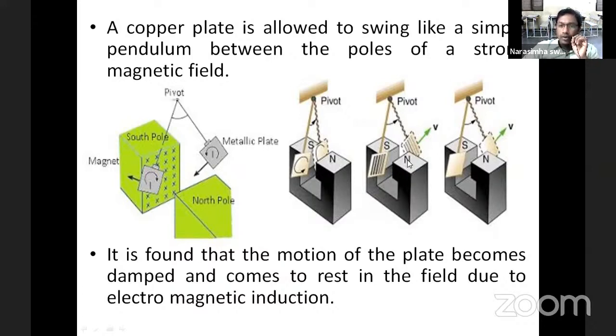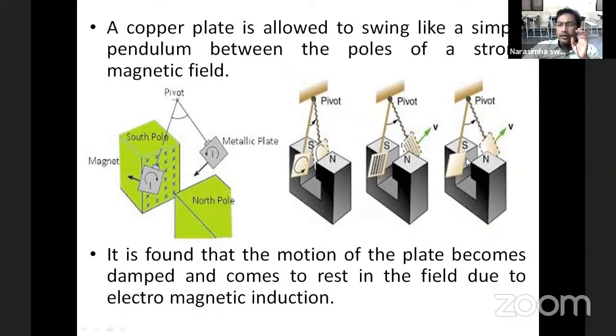More elaborately, you can see these three examples here. It is entering here and strictly it is not allowed, so it does not enter freely between the two poles. And when it leaves, this is also not allowed. So the velocity is changing all the time.